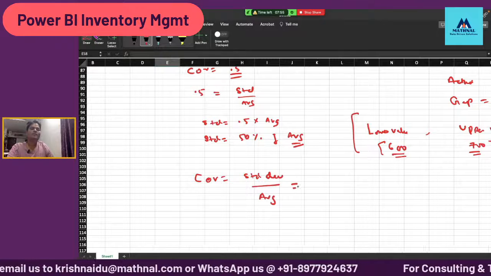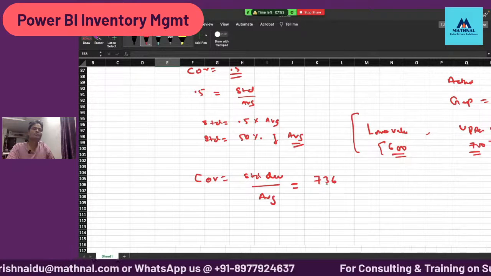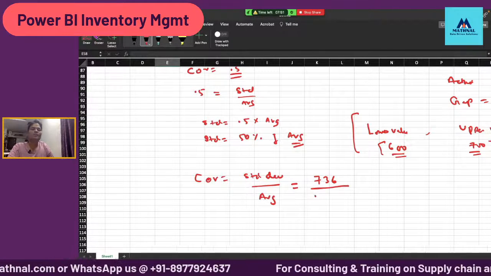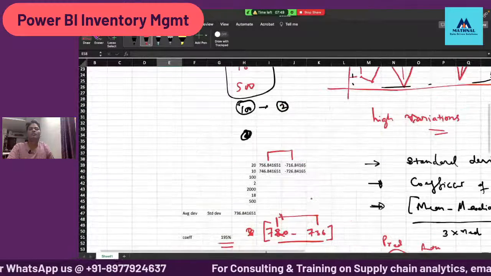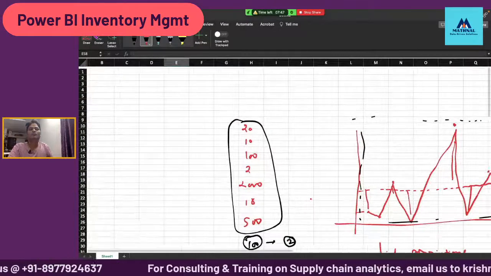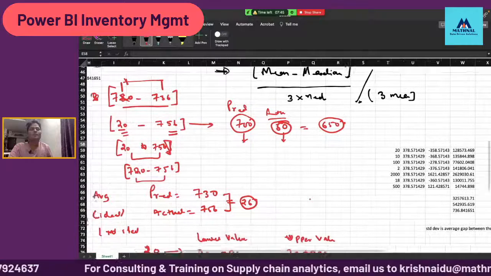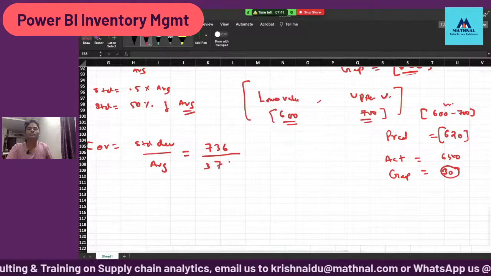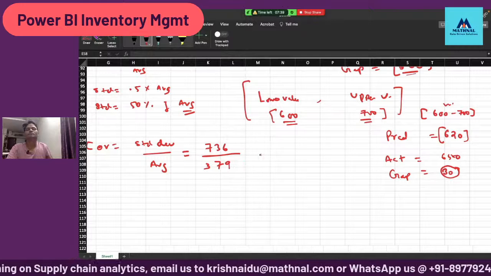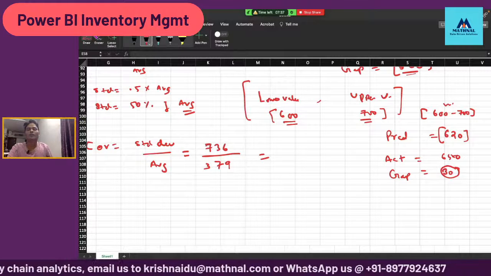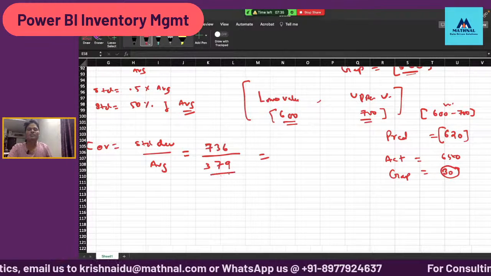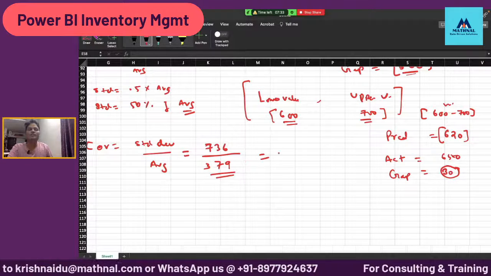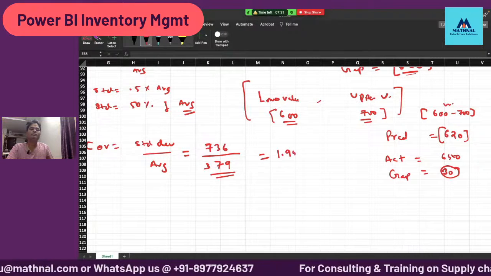What is the standard deviation we got? 736. What is the average? Average is about 379. This standard deviation is almost 736, average is almost 379. If I divide this, I'm getting 1.95.